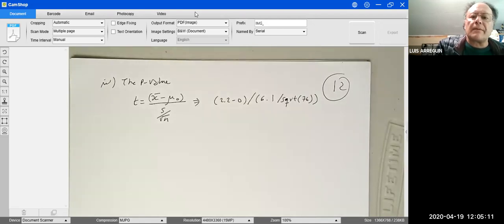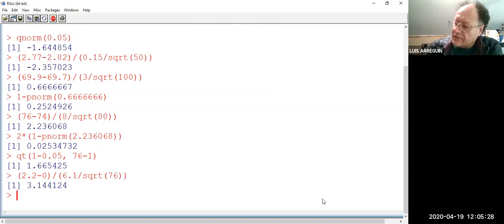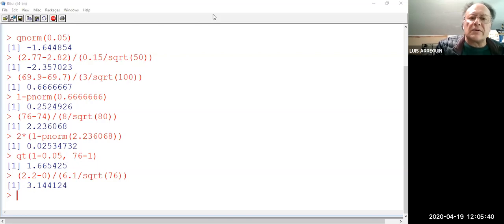We have a parenthesis, 2.2 minus 0, we close the parenthesis, we open another parenthesis, 6.1 over the square root of 76. So we found our t equals 3.144124. Let's write this down in our notes.